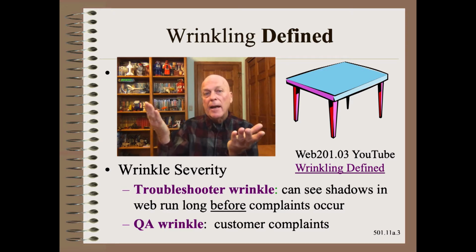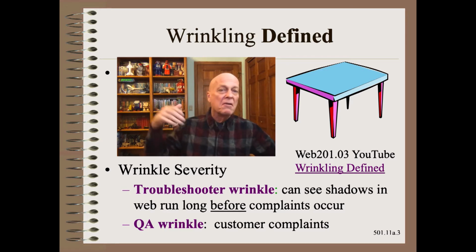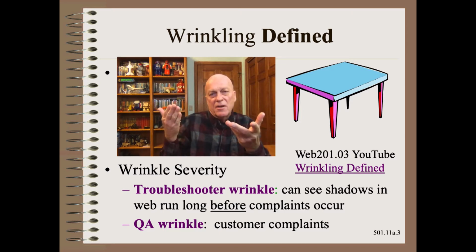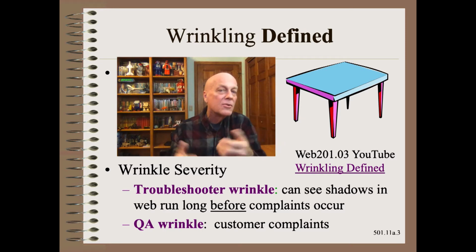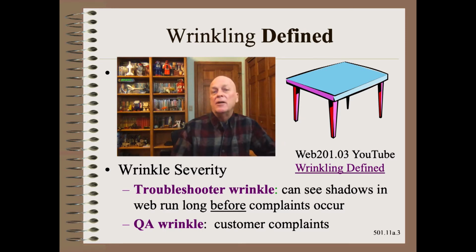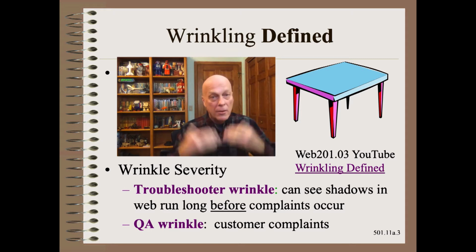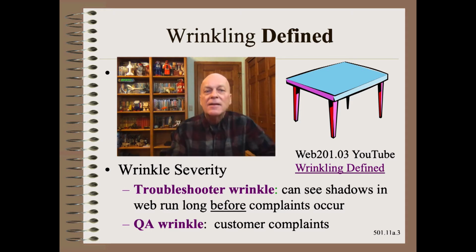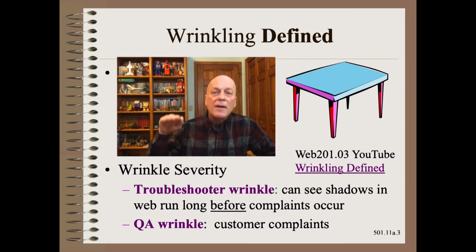QA, on the other hand, will let pass many wrinkles of less severity based on some judgment of what their customers will tolerate. In short, the troubleshooter and QA are both looking at the same mechanics with different levels of sensitivity.